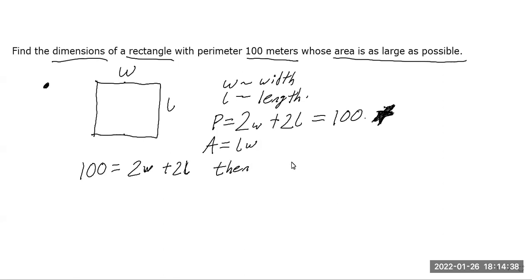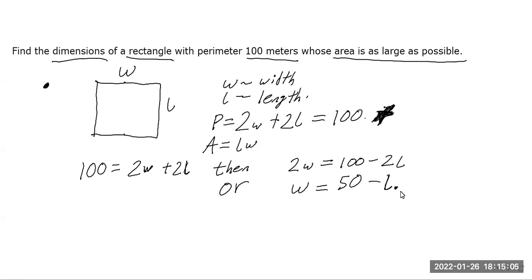Then we also know that 2W is equal to 100 minus 2L. Or, if we divide both sides by 2, then W is equal to 50 minus L.